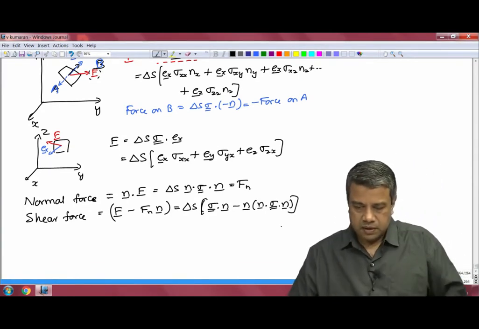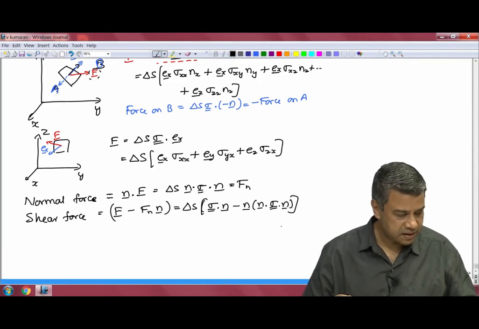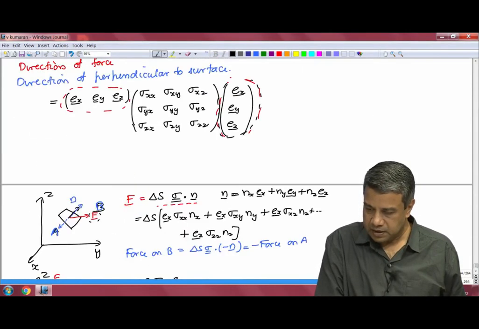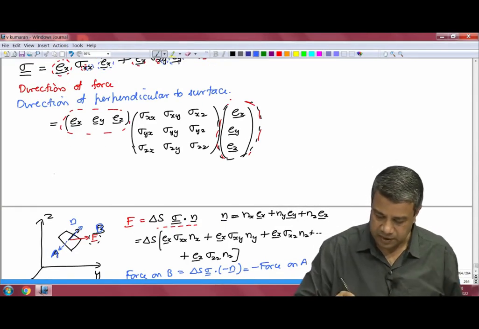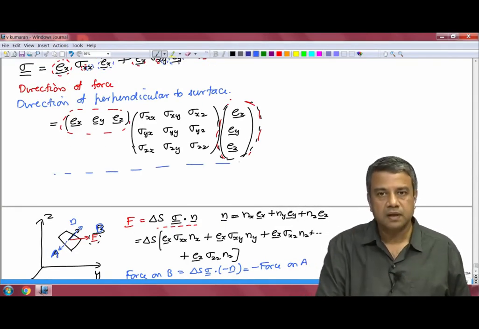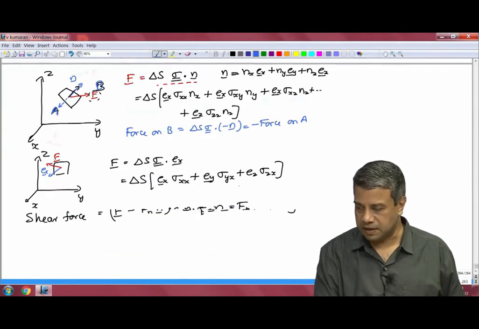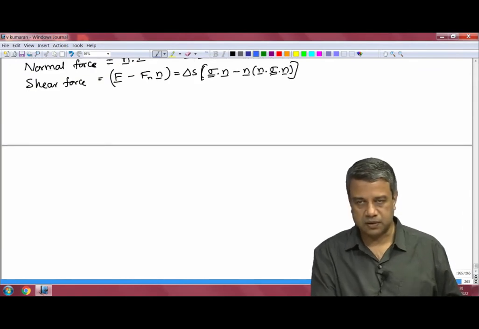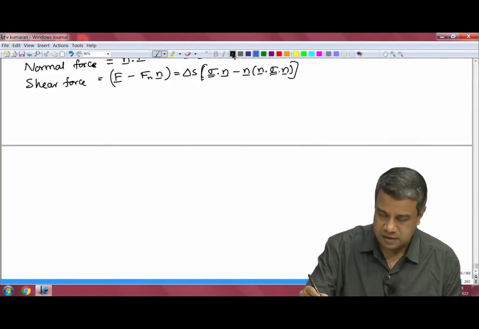So, this is the definition of the stress tensor. I wrote it for you in this form. Very often we do not write the left and the right unit vectors. Those are understood. Those are conventionally considered to be present.